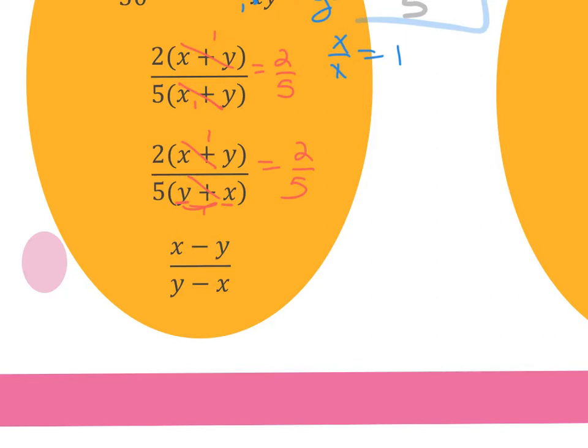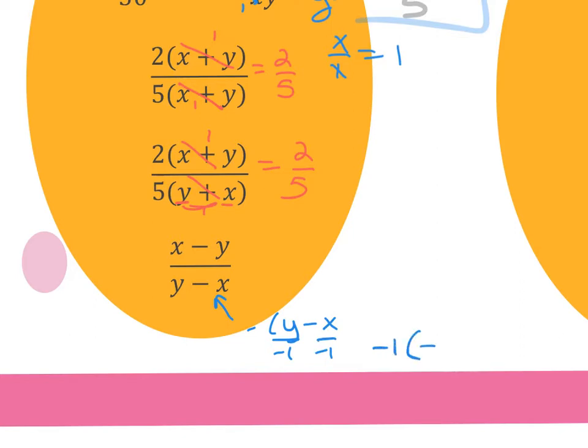However, what I need to do is think about dividing out a GCF of -1. For example, if I take the denominator, y minus x, and I want to make it look like the top, I could divide out a GCF of -1, dividing this by -1 and this by -1.